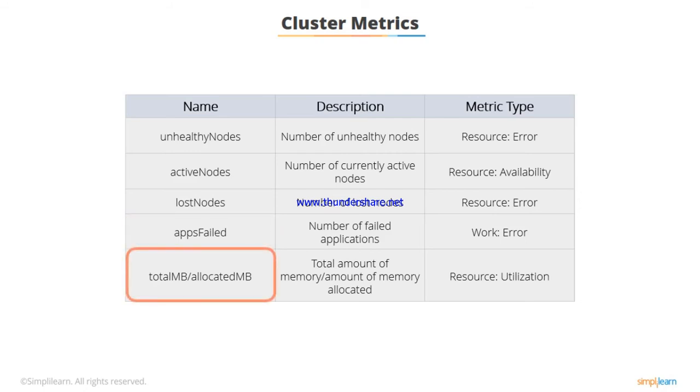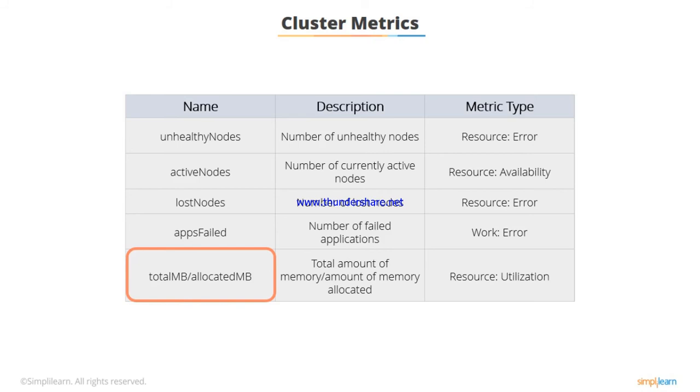Total MB, allocated MB. When taken together, the total MB and allocated MB metrics give a high-level view of your cluster's memory use. Memory is currency in Hadoop, and if you are nearing the limit of your memory use, then you have a couple of options.